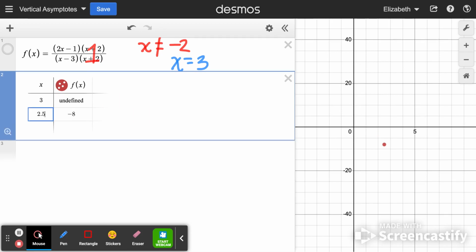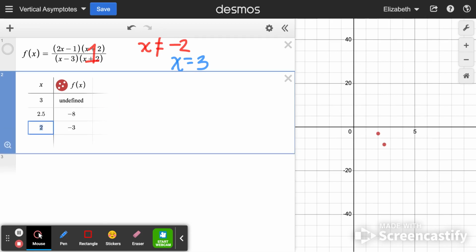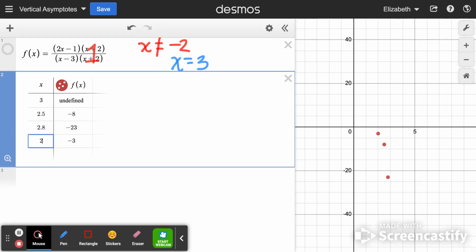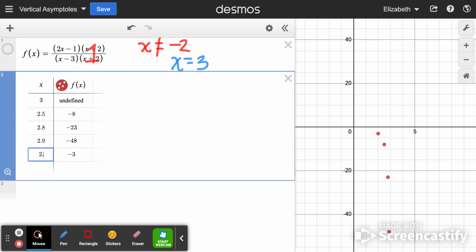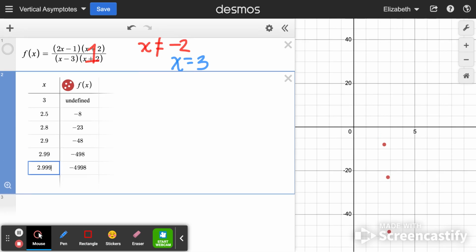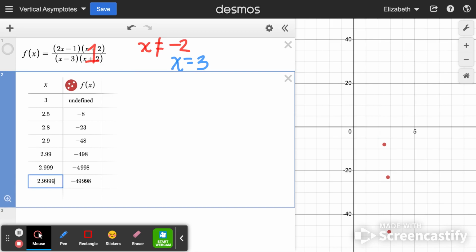So if we were to plug in 2.5, 2.8, 2.9, and just keep going, we can see that these numbers are just getting bigger and bigger as we get closer and closer to 3. It turns out that this is going to go on forever.